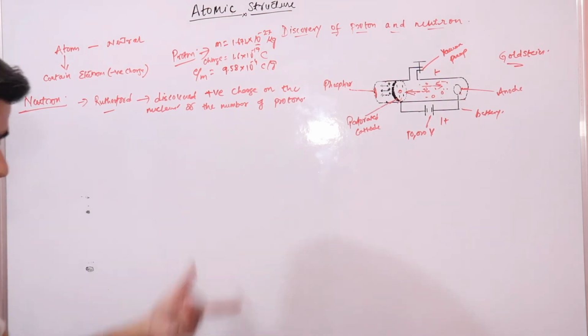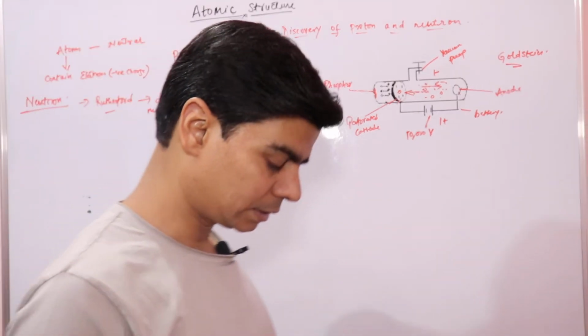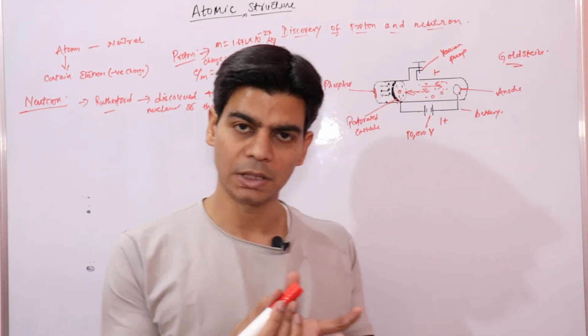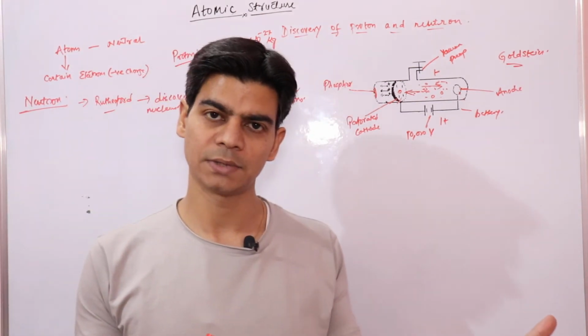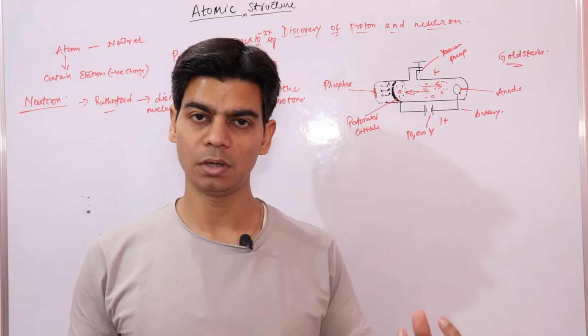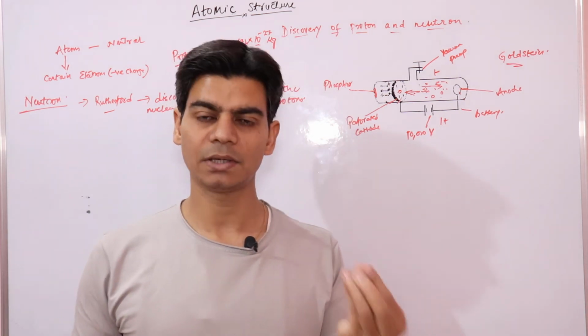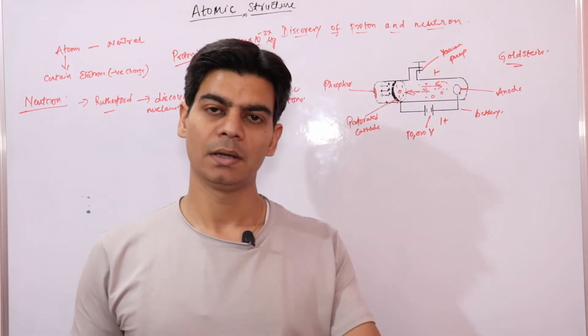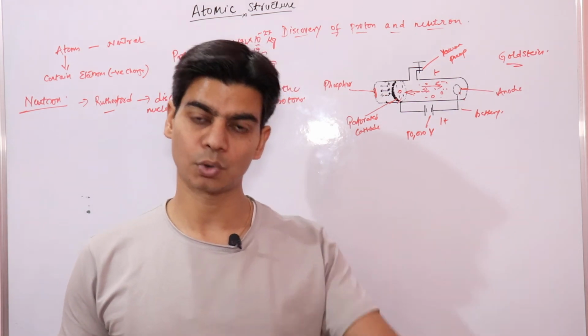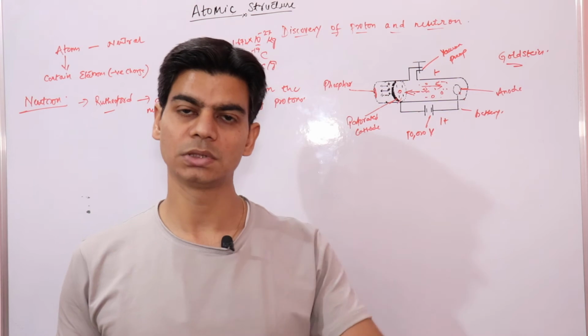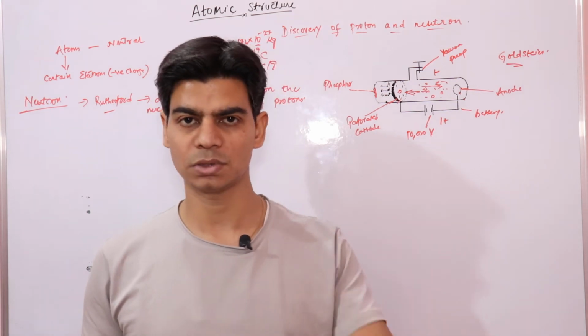After his alpha particle experiment, Rutherford knew that the proton is inside the nucleus, which occupies a very small place at the center of the atom. Due to the protons in it, the nucleus is positively charged.